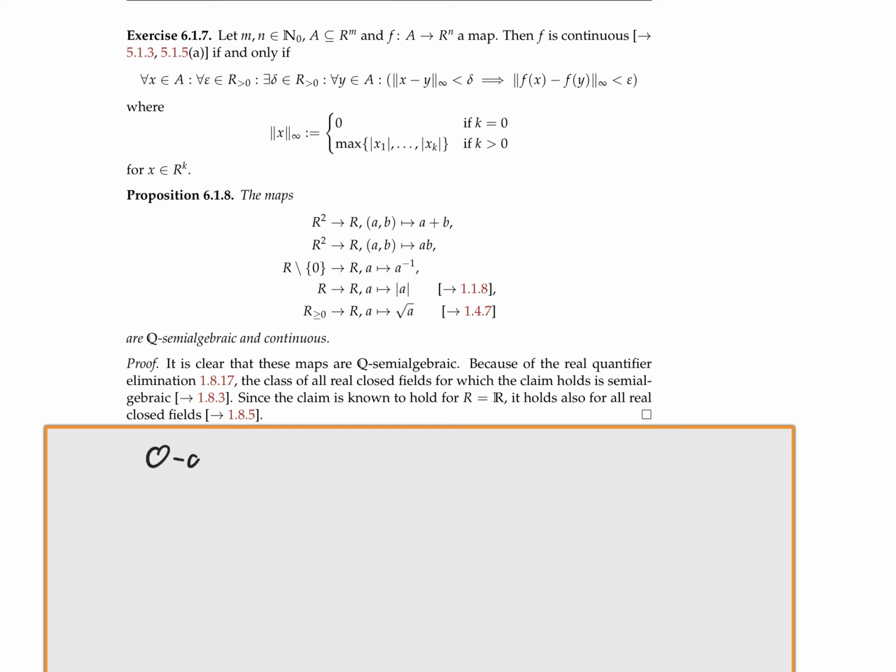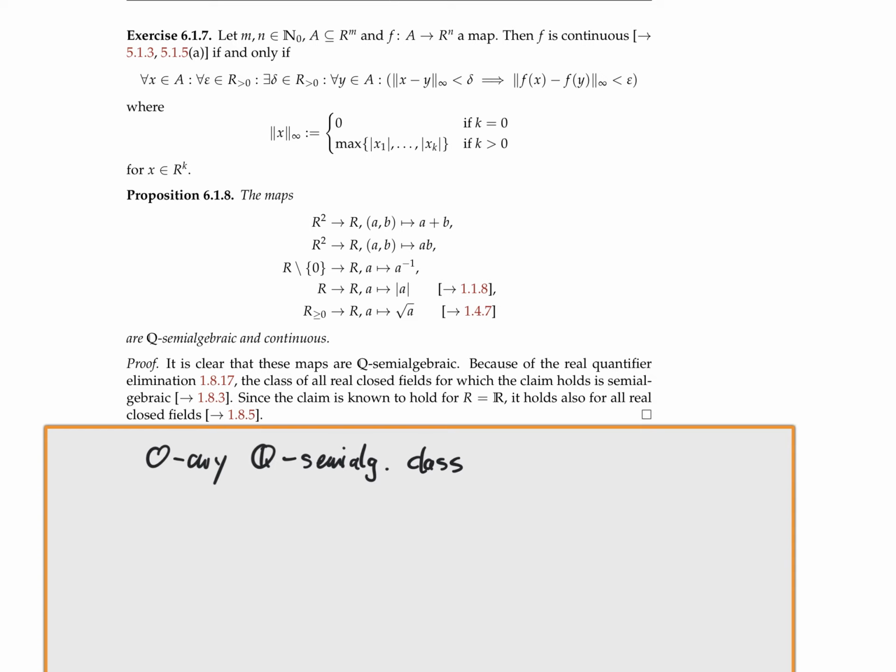A zero-ary Q semi-algebraic class, and we know that there are only two such classes, namely the class of all real closed fields or the empty class. Okay, and since it's non-empty because the real numbers are in this class, we know that all real closed fields are in this class.